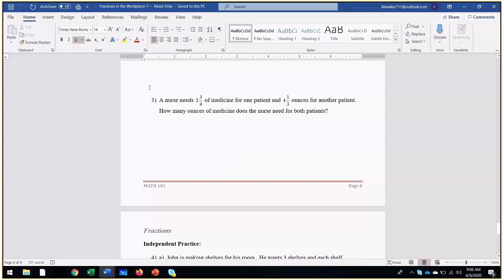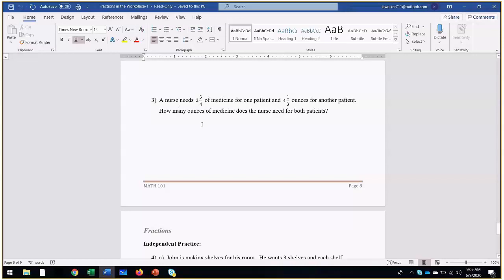Okay, let's look at number 3. So a nurse needs 2 3/4 ounces of medicine for one patient and 4 1/3 ounces for another.